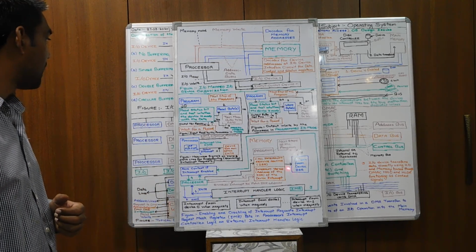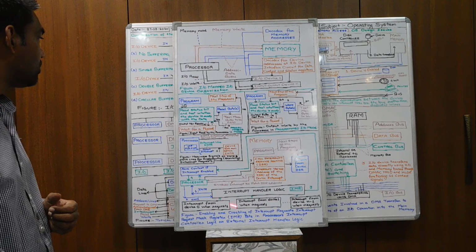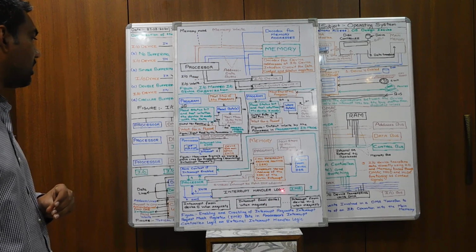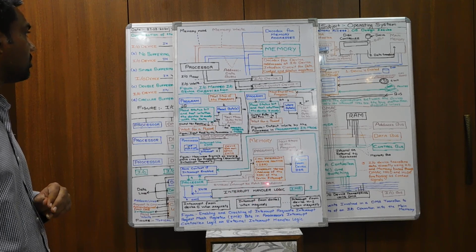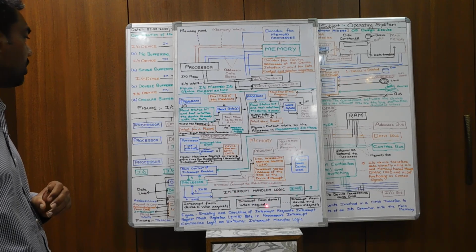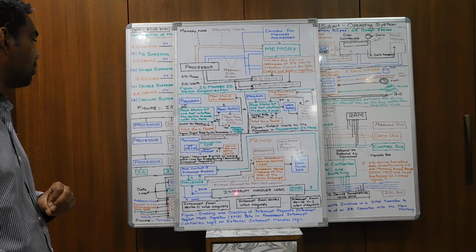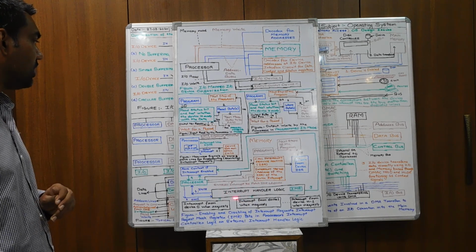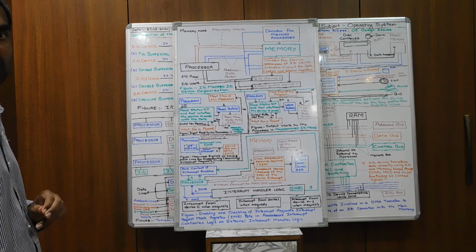This figure speaks of that. I already told you that we'll be having an interrupt handler logic. Like here the interrupt controller was there, which could be a part of the processor architecture, or it could be a separate construct.